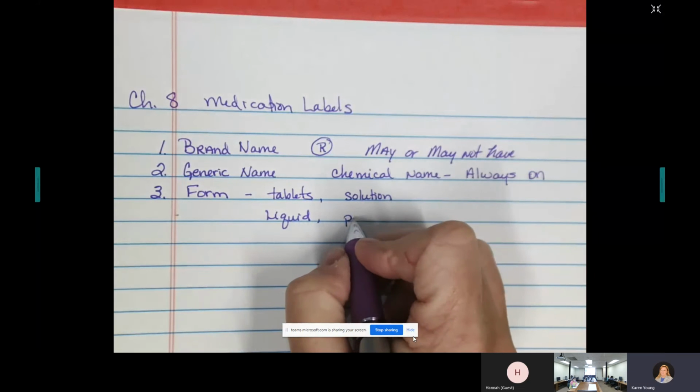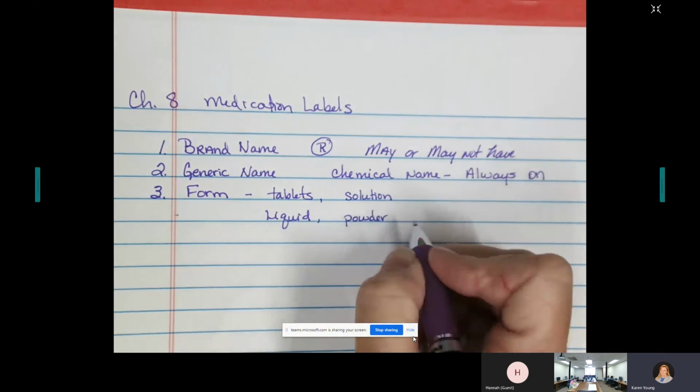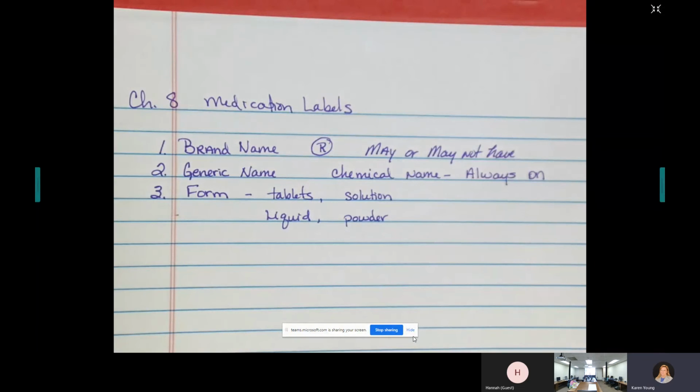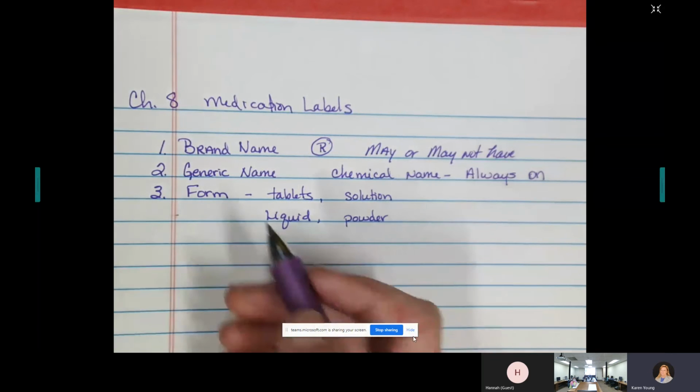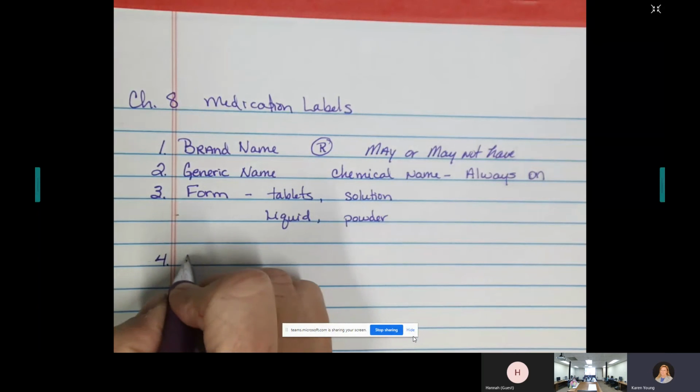It may be a powder that you have to reconstitute into a liquid, or it could be a powder that you combine with food or beverages before you administer it. They will all have the dosage strength.